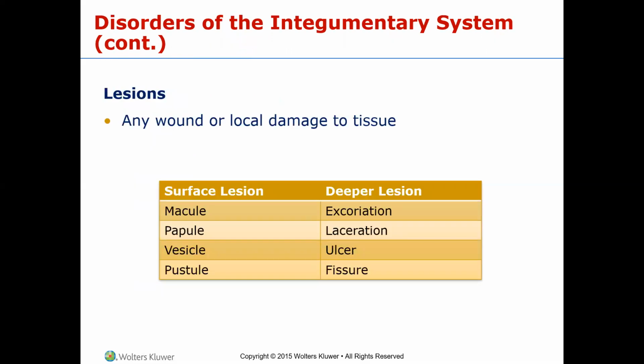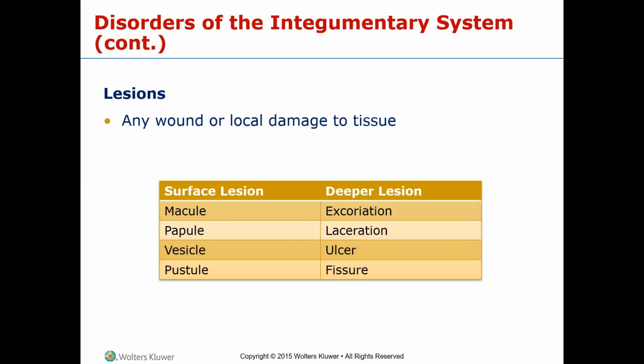So some of the major disorders that you might find with the integument are in terms of surface lesions themselves. So you can have what's called a macule, and the macules are not raised, but are like some spotting that you'll get.